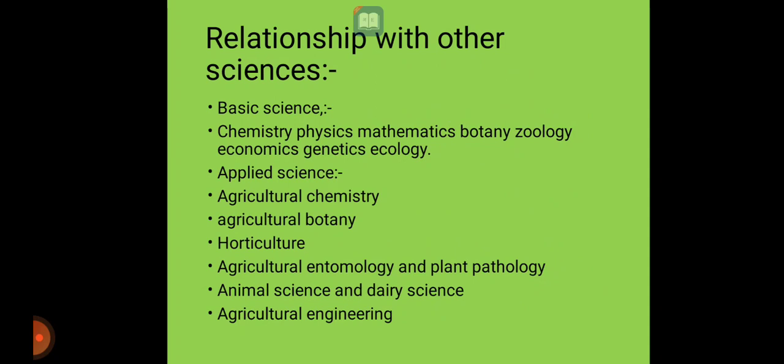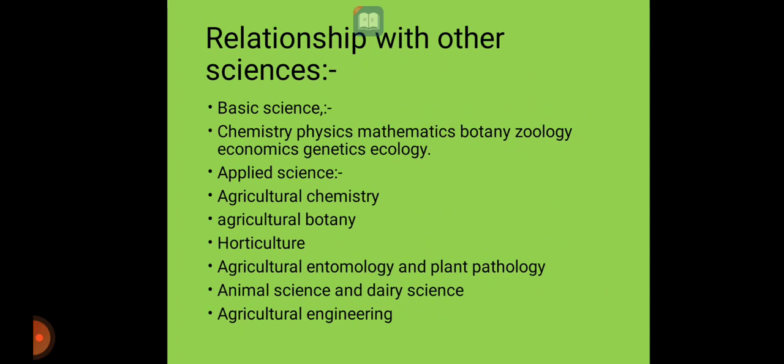Firstly, the basic sciences: chemistry, physics, mathematics, botany, zoology, economics, genetics, and ecology. These are the different basic sciences which are very helpful to agronomy for maximum crop production and field management practices. Then we discuss different applied sciences.